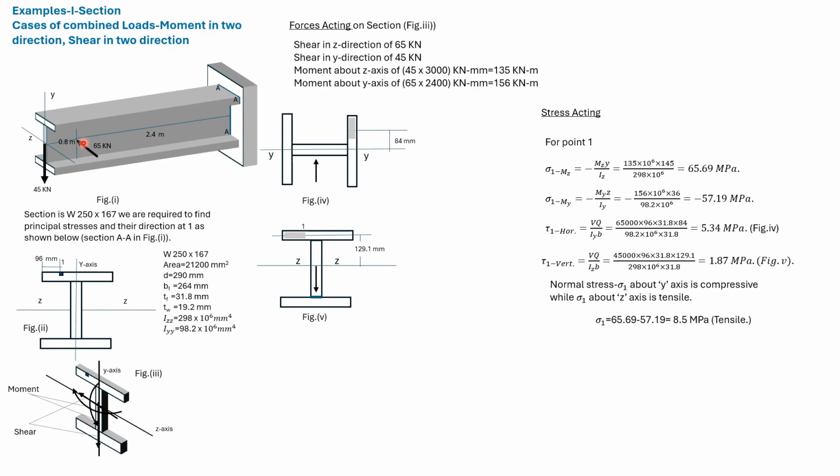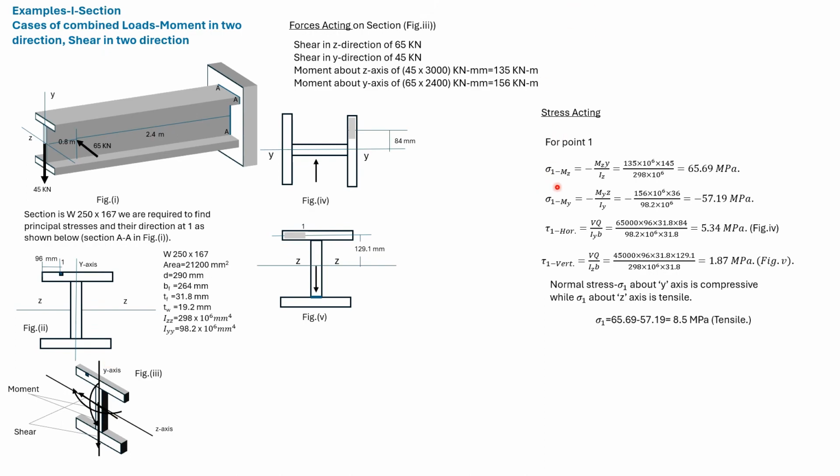The horizontal load will cause a shear and a moment about the y-axis. So this is the shear and this is the moment about the y-axis, and it is shown in this diagram.